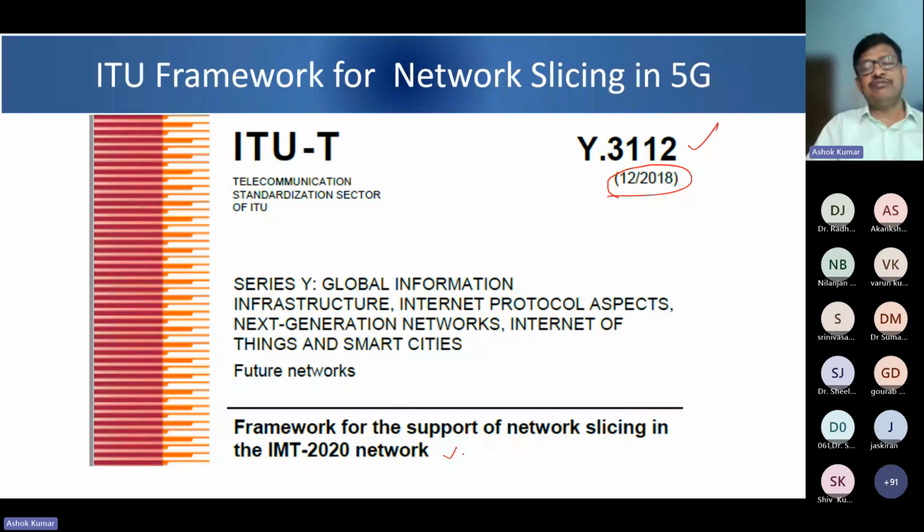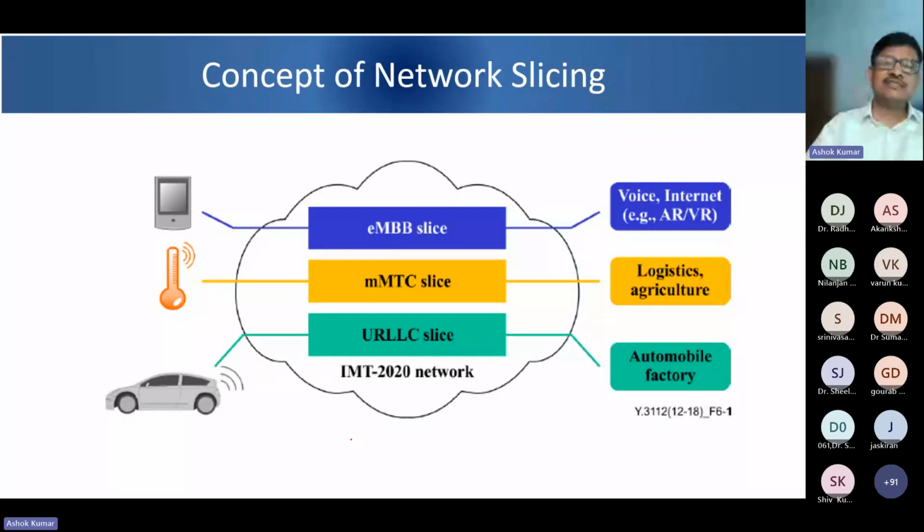This is the framework for the support of network slicing in the IMT-2020 network. IMT-2020 is the name given by ITU for 5G. The first time this concept was discussed in ITU, it said that the IMT-2020 network can be divided logically into multiple slices. For example, they have shown an eMBB slice, an mMTC slice, and a URLLC slice, and for every slice you have a data network.